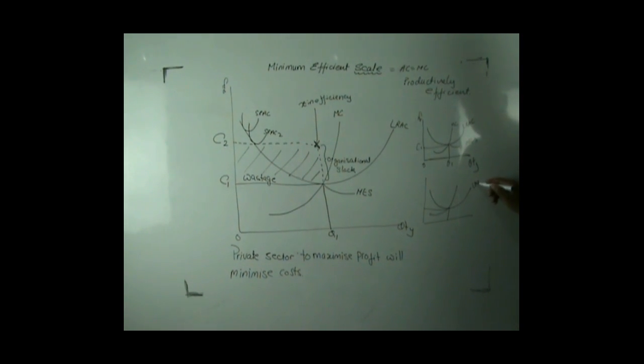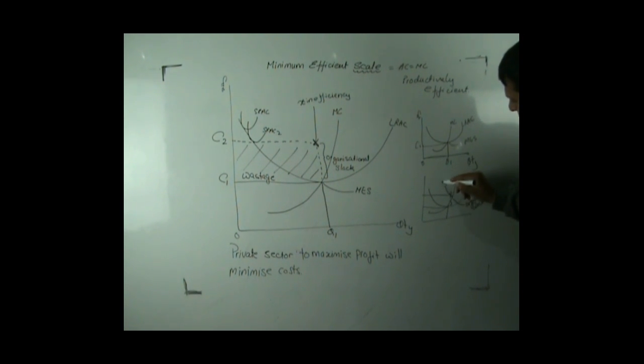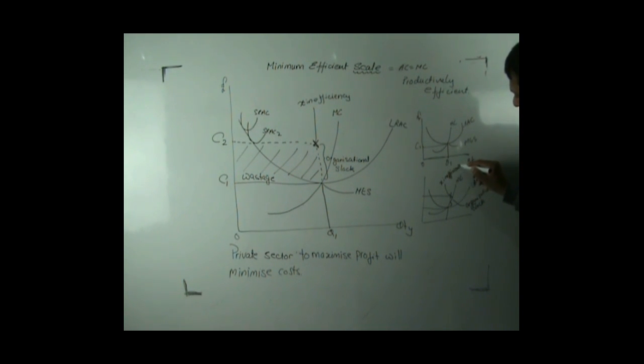So there is wastage, and that's organizational slack. At this X point, it is X inefficient, at C2.